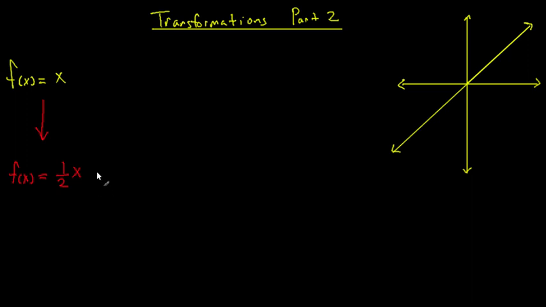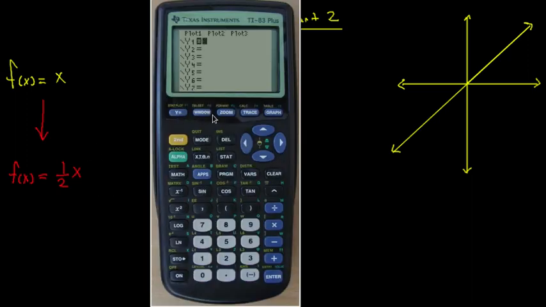What would that do? Well, we can go into our calculator and plug it in. Go to the second one, go down and hit 1 divided by 2 x, and then make it bold so that we know that is the different one. Let's see what shift or transformation occurs.